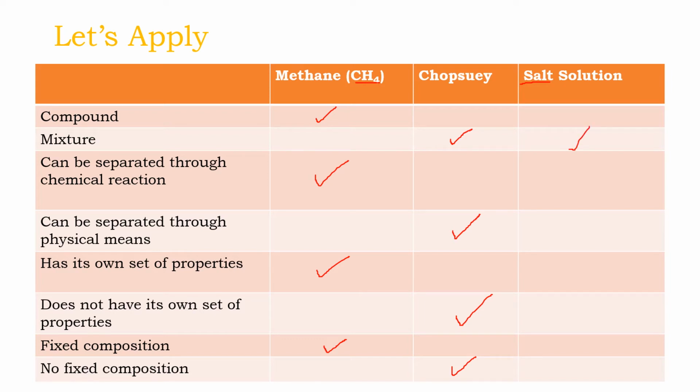Okay? So, again, kokopyahin na lang po ninyo dahil mixture po ang sagot natin. Ibig sabihin, yung mga nasa baba ay katulad din po nung yung isasagot natin dito sa salt solution. So, can be separated through physical means, does not have its own set of property, and no fixed composition. Okay? So, regardless kung mas marami yung asin na ihalo sa tubig, ay okay lang.